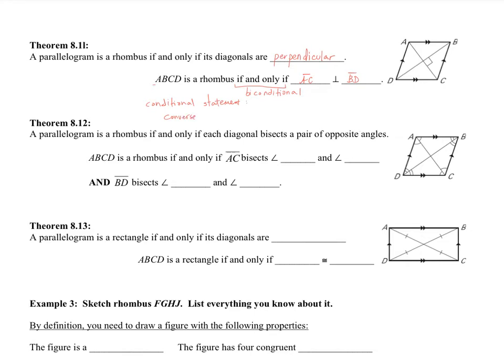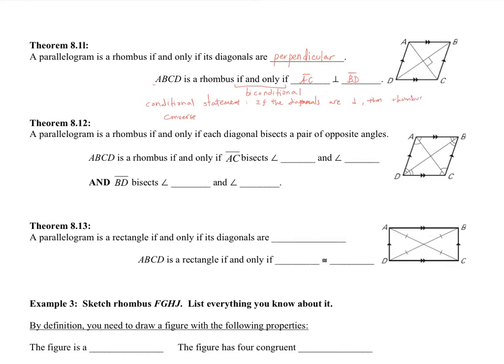So the conditional statement will be: if the diagonals are perpendicular, then this parallelogram is a rhombus.